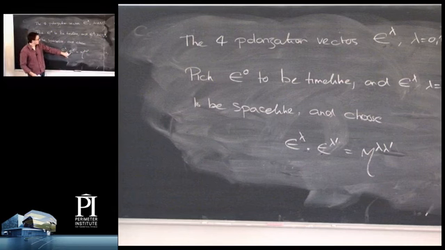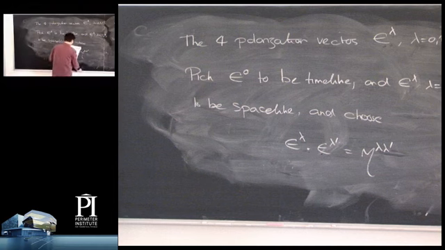You dot them because they're each 4 vectors. These sets of vectors are orthonormal in this sense. Sorry, that's really muddled.